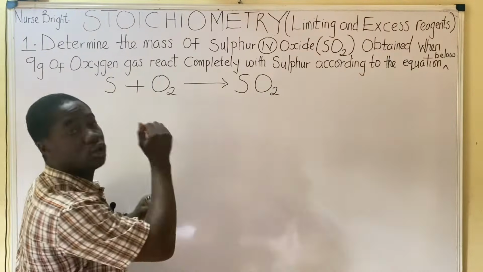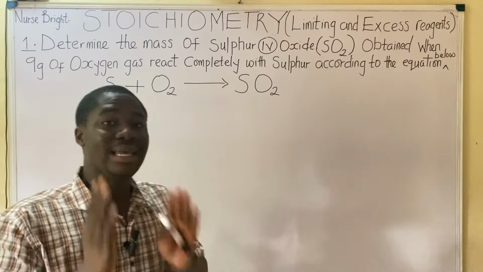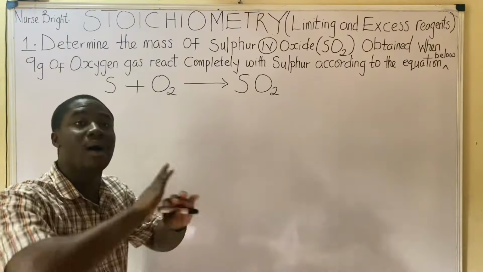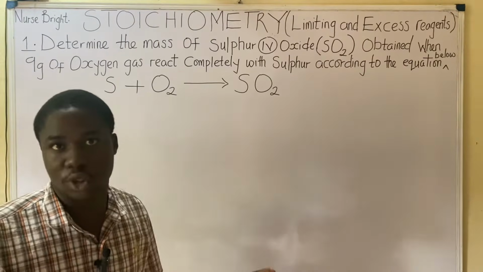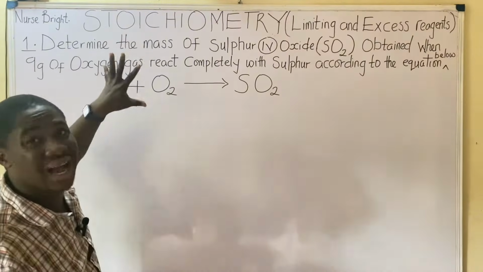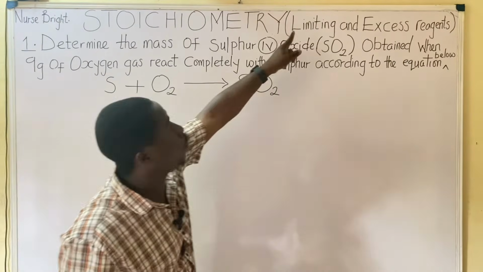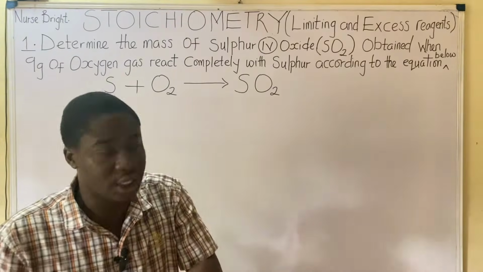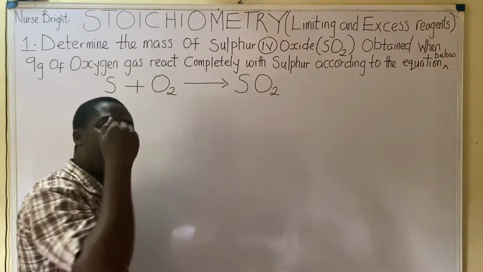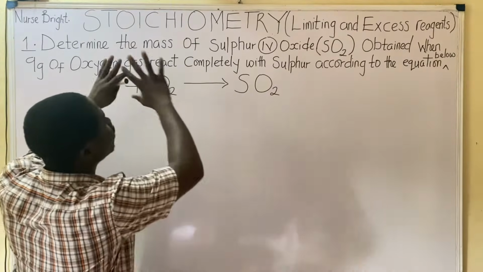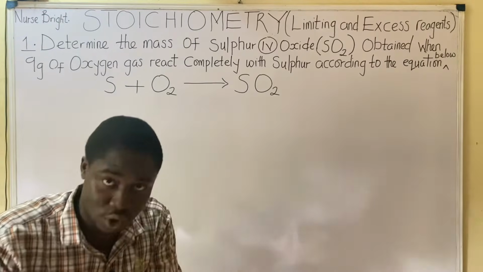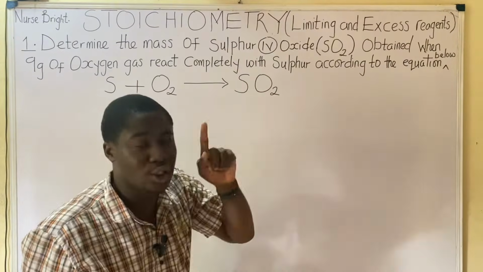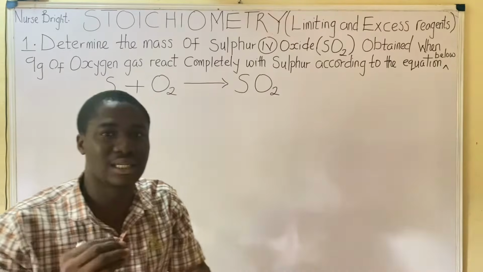Meanwhile, the question I'm about to solve on the board is not on limiting and excess reagent; it is a normal stoichiometry practice question, because you have to remember how this is done before we go over solving questions on limiting and excess reagent. I have to do a quick recap and tell you the difference between solving questions on normal stoichiometry and solving questions relating to stoichiometry of limiting and excess reagents.